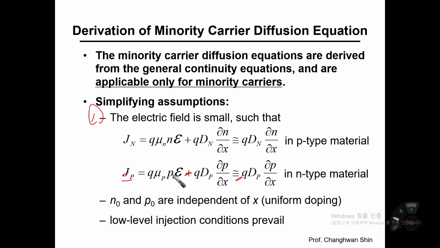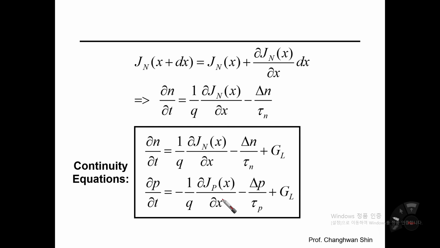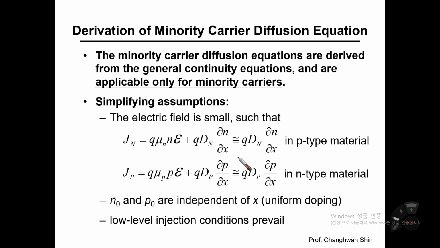That's it, because the electric field is almost zero in the quasi-neutral region. This makes our life much easier when writing down the minority carrier diffusion equation using the continuity equation. So we are going to replace that term with this.